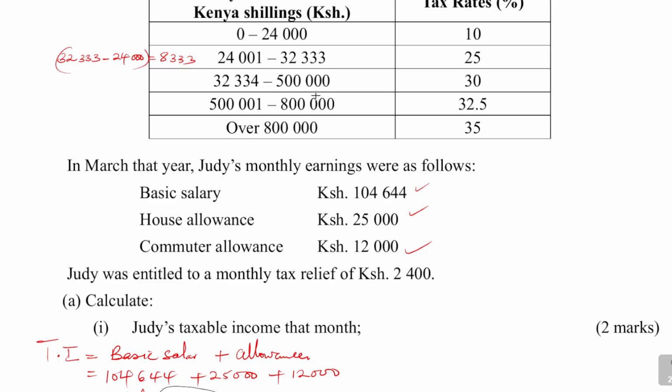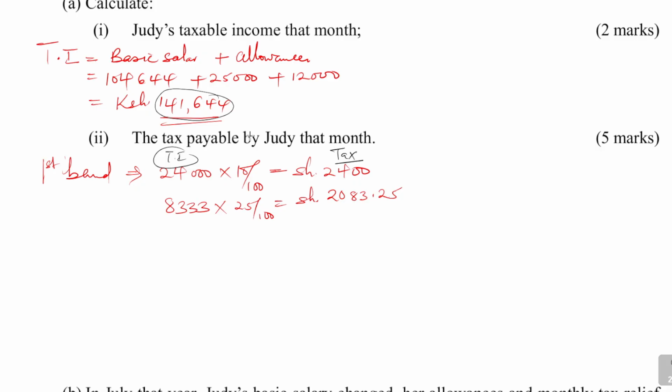So let's get the amount in this band. But it seems not all the amount will fall into this band. As per the size, from 32,334 to 500,000, we don't need all that amount. So what we'll do, we will first check what we have already taxed. I will do it separately here.